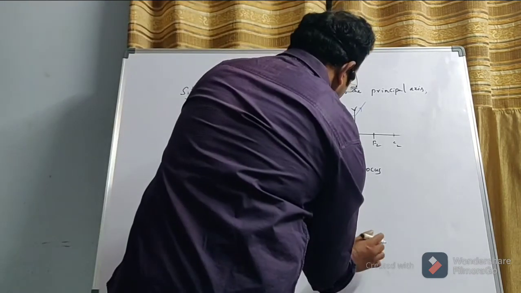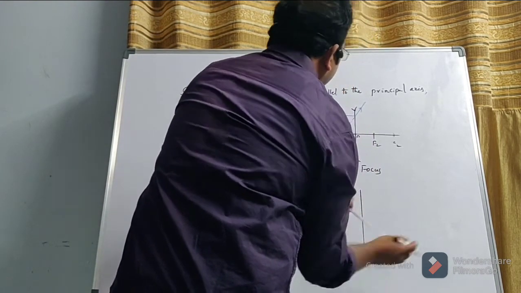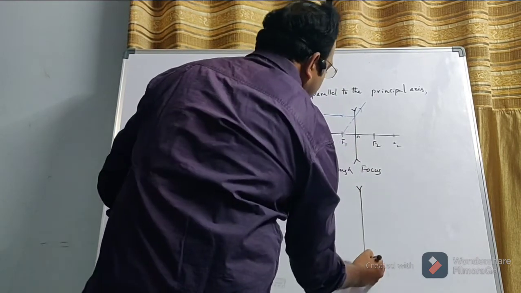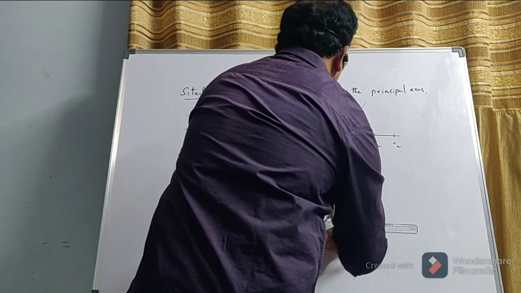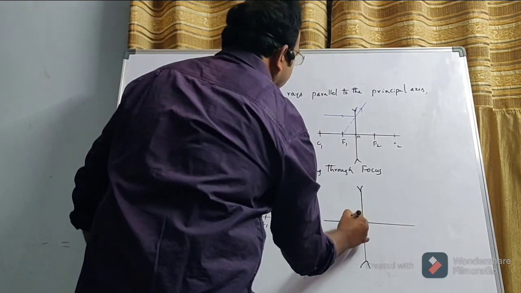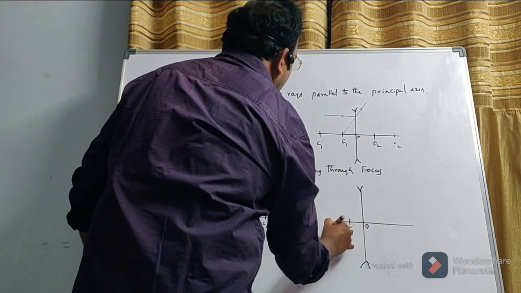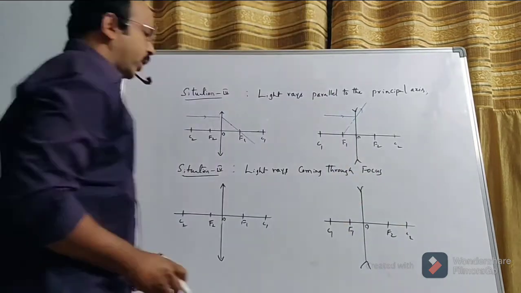In case of a concave lens, so a concave lens looks like this. So we know that this is called focus, here F1 and C1, here F2 and C2, coming through focus.